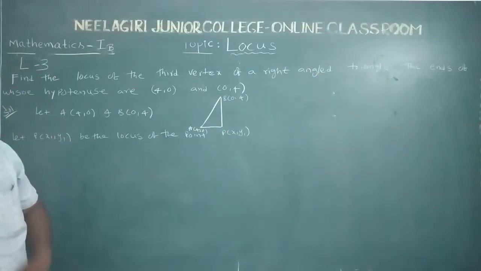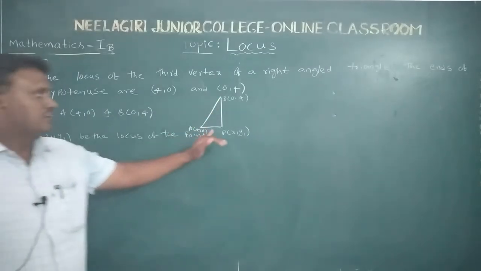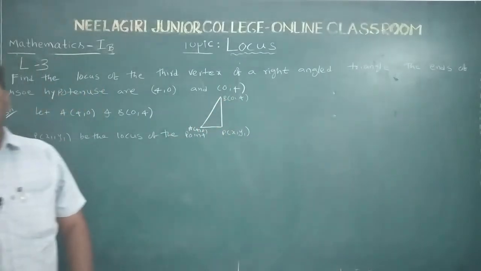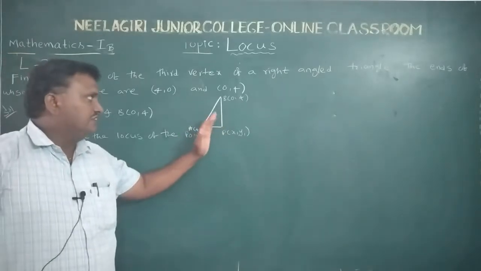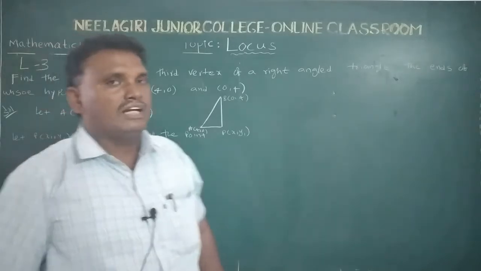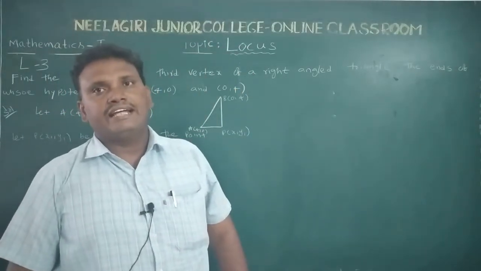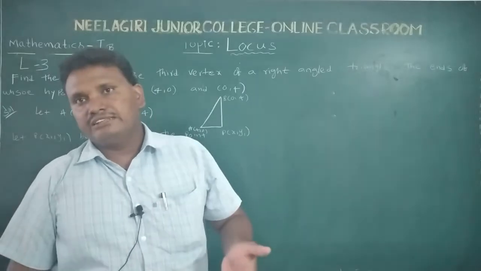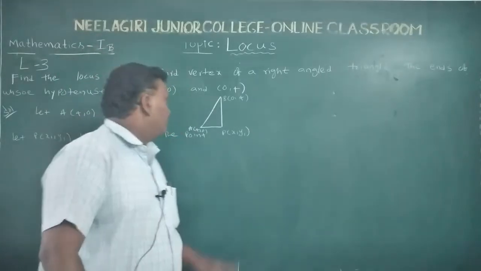What is the Pythagoras theorem? Hypotenuse square is equal to side square plus side square. Already we know the 10th class Pythagoras theorem. What is the hypotenuse?